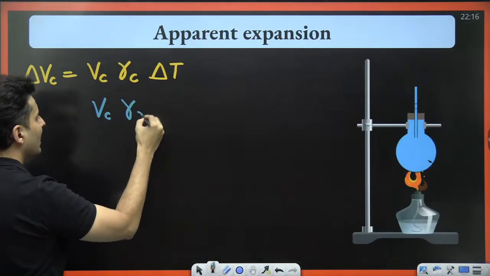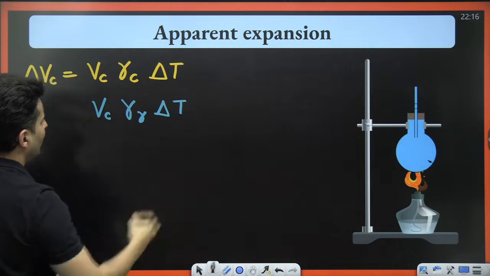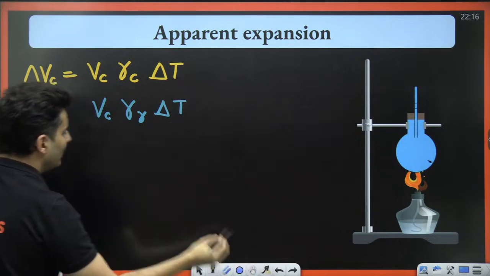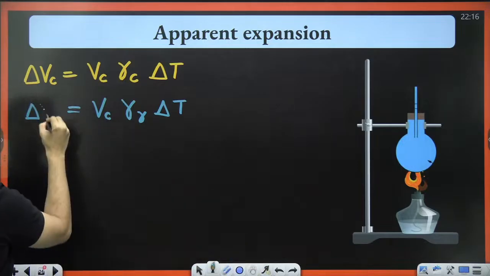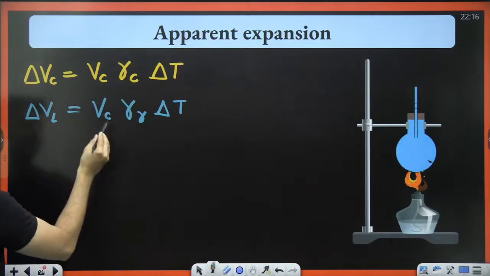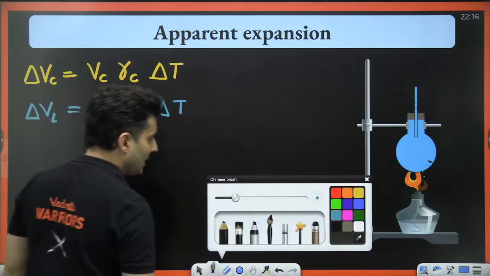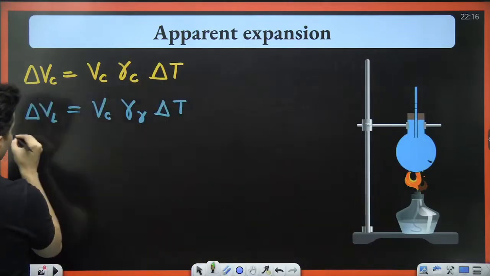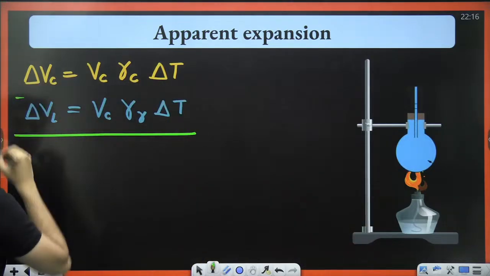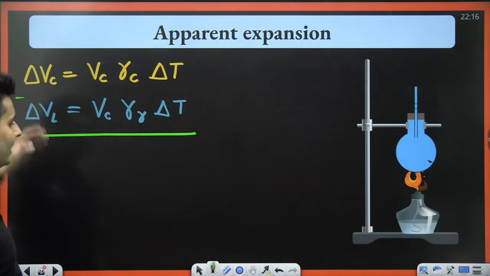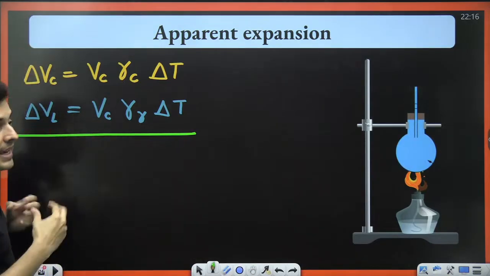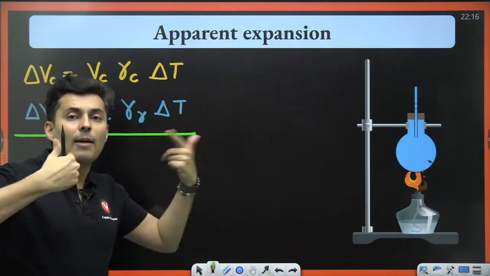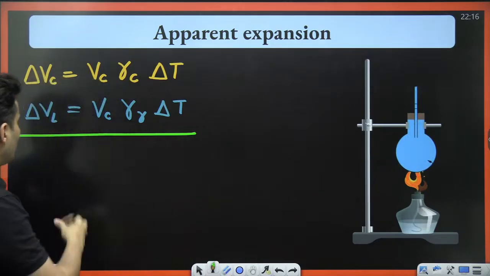Gamma of the liquid is gamma L. Change of temperature is delta T. Then you will see the change in the liquid. The change in the liquid volume will be delta VL given by this formula. Now, when you subtract the two, this minus this, this minus this, then you get what is called as the apparent change in the volume.